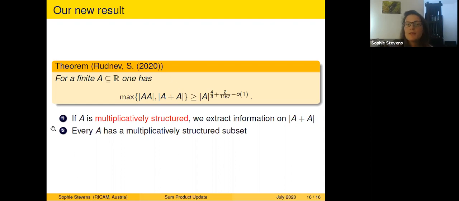And finally, we said that every A has got a multiplicatively structured subset. And we found this subset by just looking at the abscissae of points of A. And we argued that using few sums, many products, this multiplicative structure is as quantitatively strong as we need it to be.